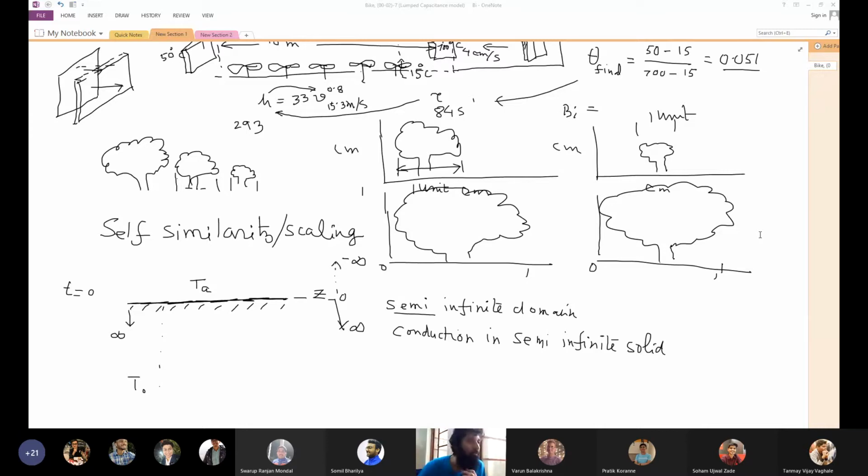Ready? Snehbandhu, this is at what time? You have to plot as a function of space and time, right? So you have to make it a parametric plot.